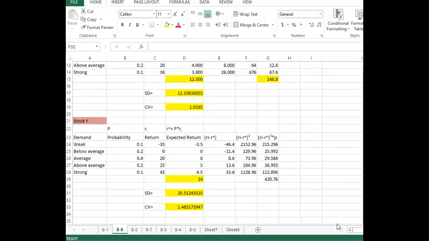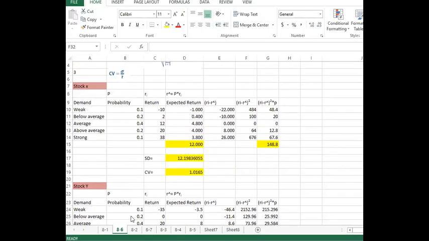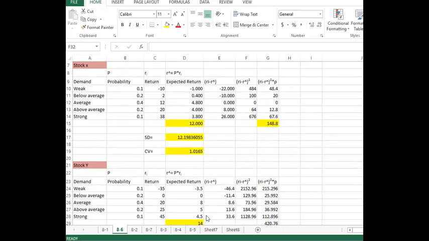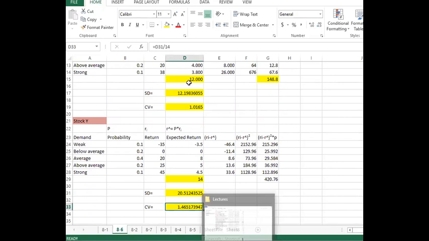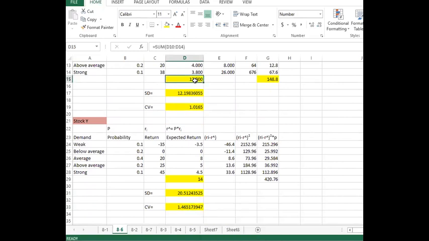So here you can see we have calculated it for Y. The expected return, or R hat, is 14, standard deviation is 20.51, and coefficient of variation is 1.4. Here you can see that the return is 12%, and here return is 14%.